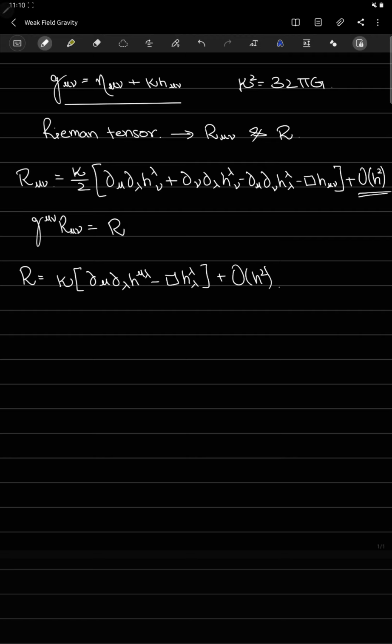Right, so when we have R mu nu and R, we can write down Einstein's field equations.